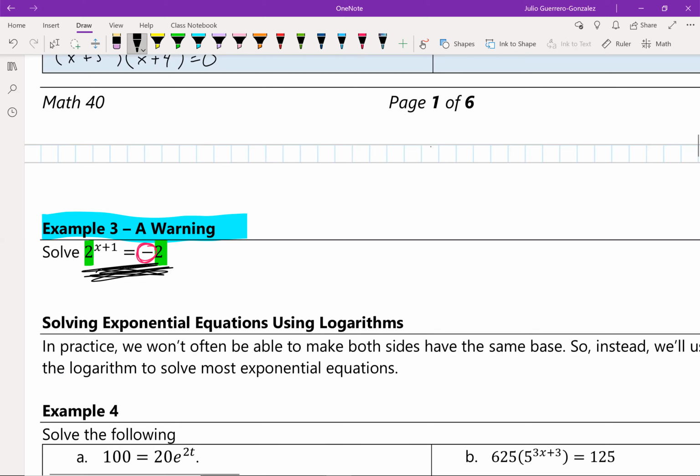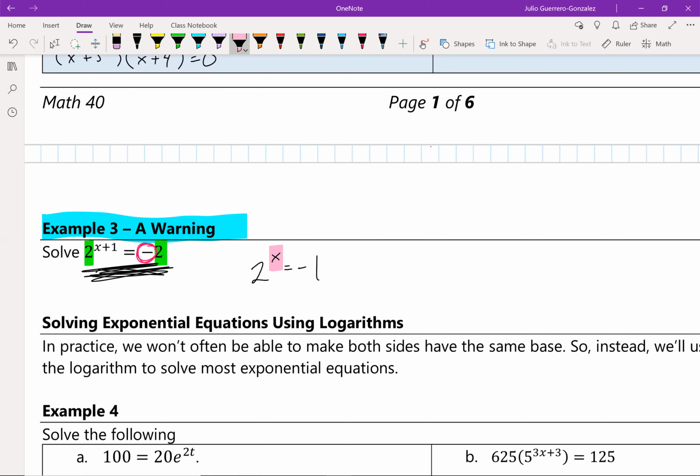So let's go through this argument again. So you guys remember back when I did 2 to the x is equal to negative 1? Will this ever happen? Can I plug in a number for the exponent so that it can get a negative number ever?